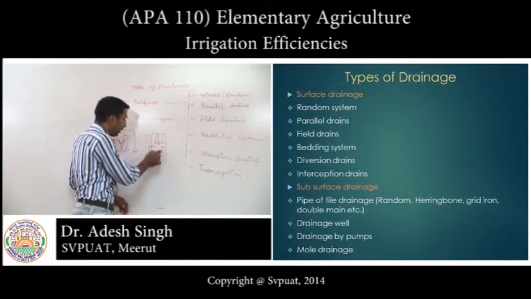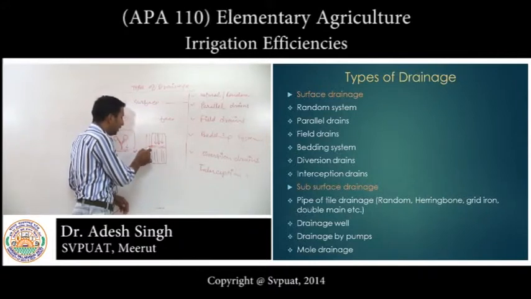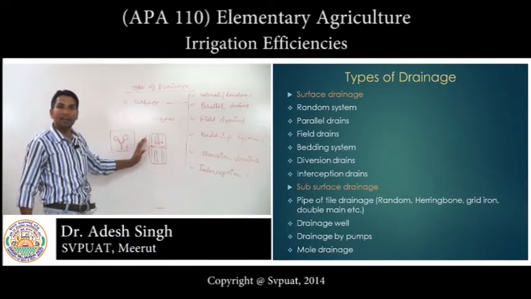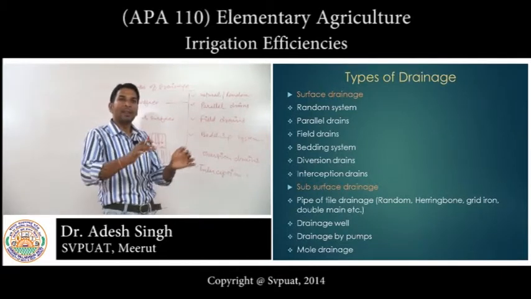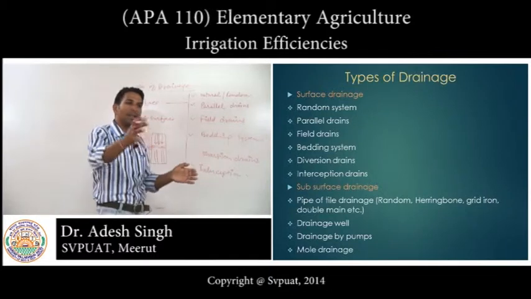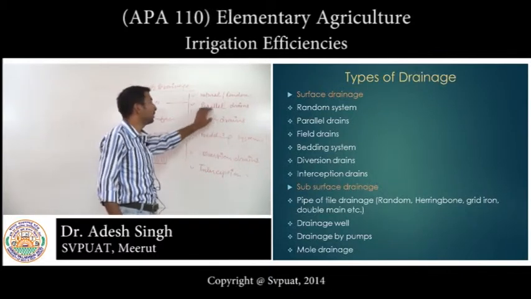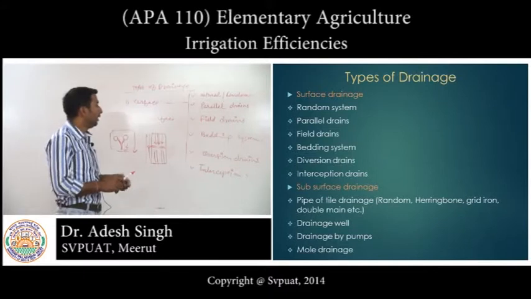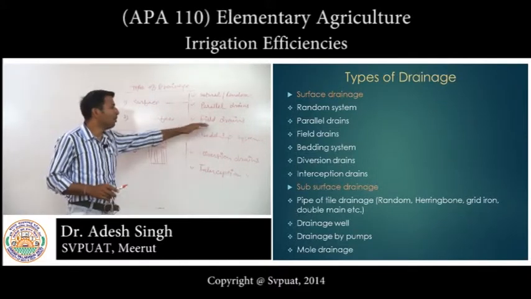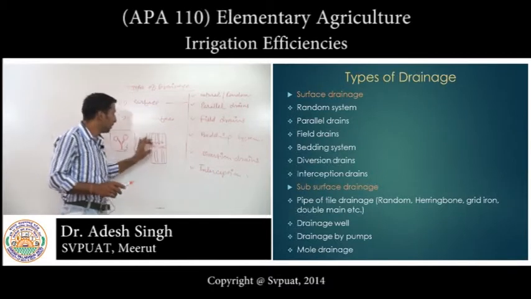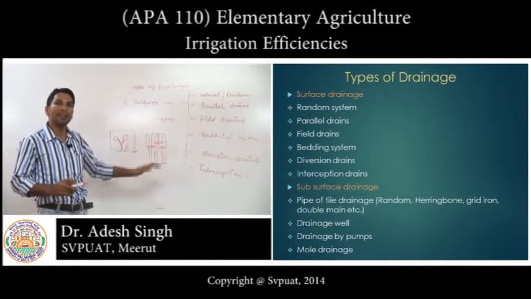For example, this will join in this direction and then they can be collected to the main drain. As the name indicates, parallel drains means we can drain out the water parallelly and after that the safe disposal takes place.